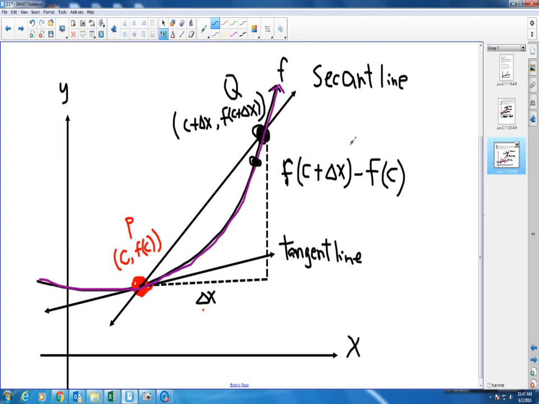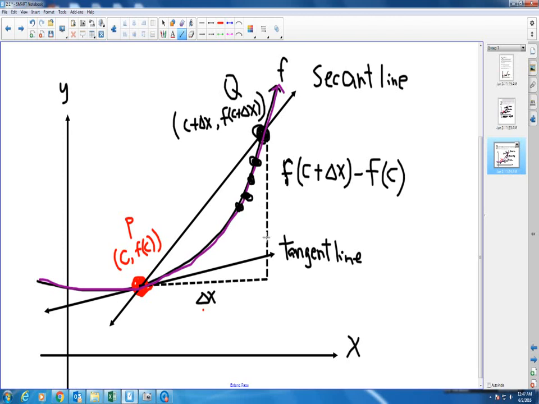I still have all the same things, except the numerical values begin approaching over here. I can have lots and lots of points Q. And every time I draw a point Q, I can draw another secant line through point P.